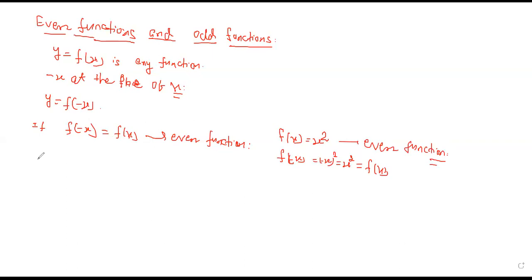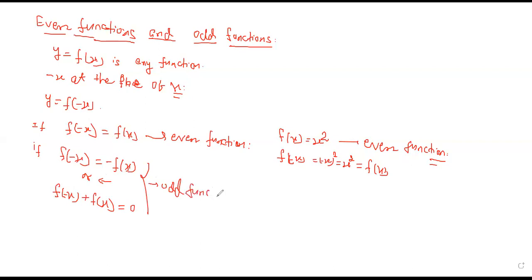Now, if f of minus x is equal to minus f(x), or if you take this part to the left hand side, then f of minus x plus f(x) is equal to 0. In both conditions, the function will be an odd function. For example, f(x) equal to x cube.